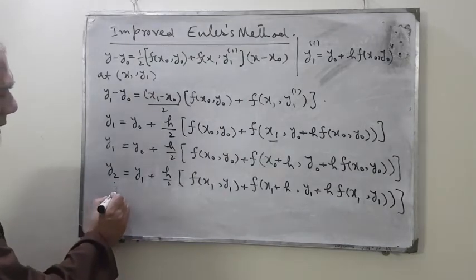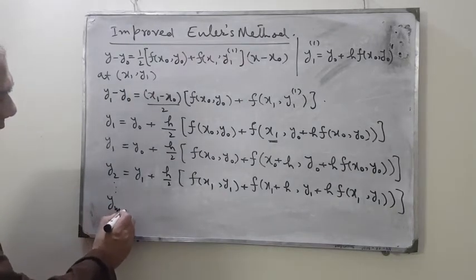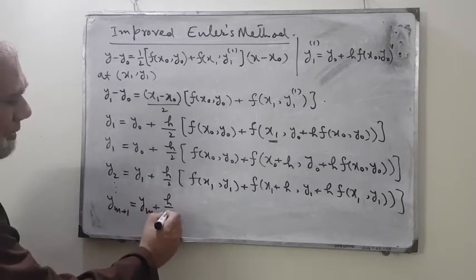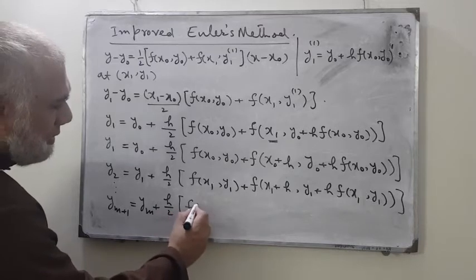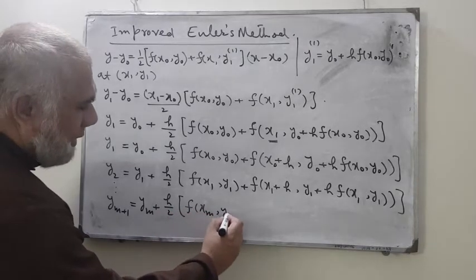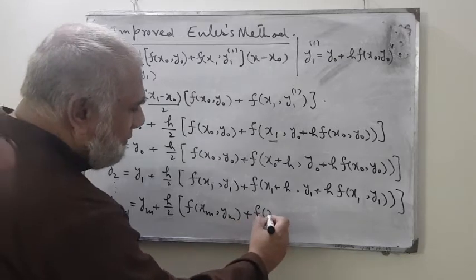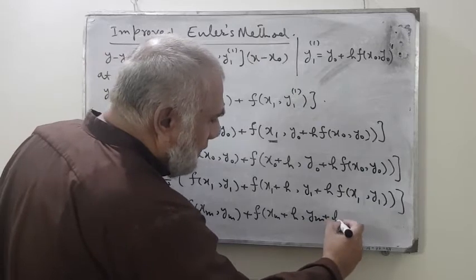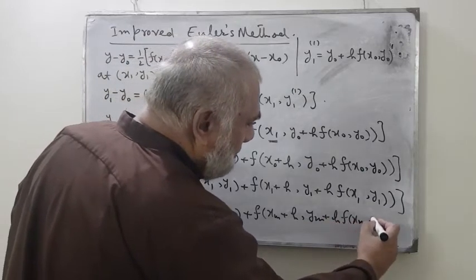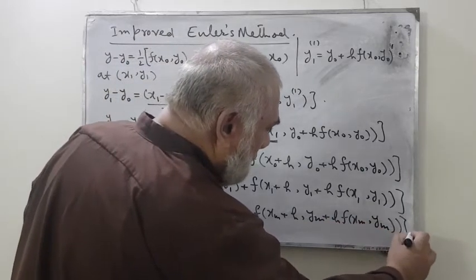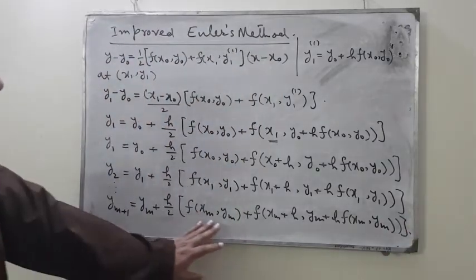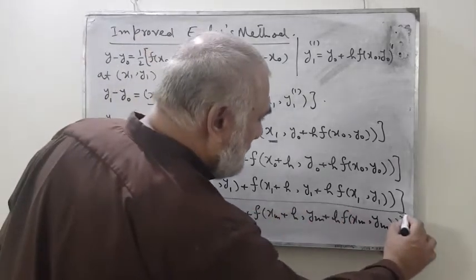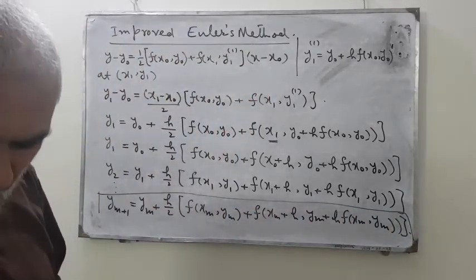Similarly, if we keep on doing this, generally we can write it in the form y(m+1) is equal to ym plus h by 2 f of xm ym plus f of xm plus h, ym plus h f of xm ym. So this becomes your ultimate second formula, which is named the improved Euler's method.